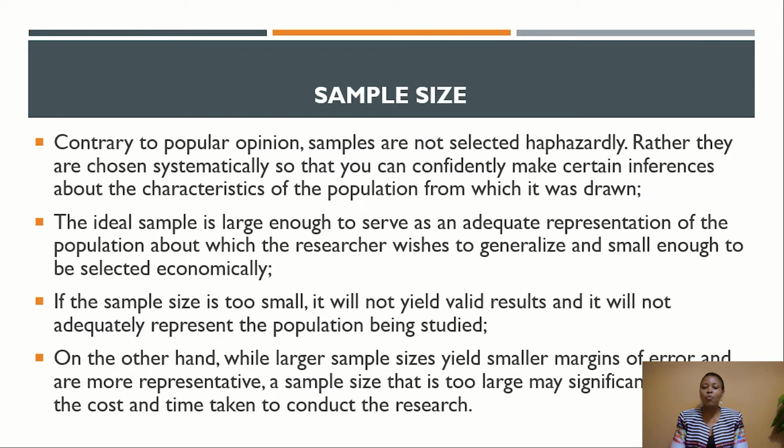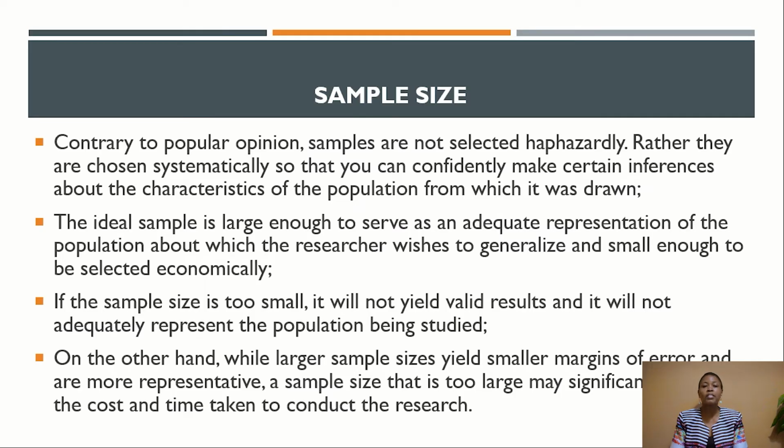That means we must be confident that the sample we have selected represents the characteristics of the population. That is why we are saying that for us to make inferences about the characteristics of the population, we must draw a sample systematically.